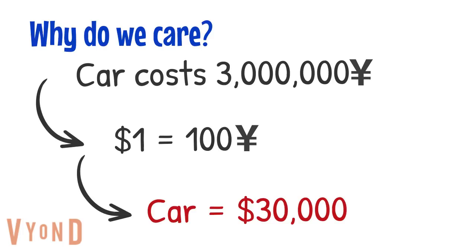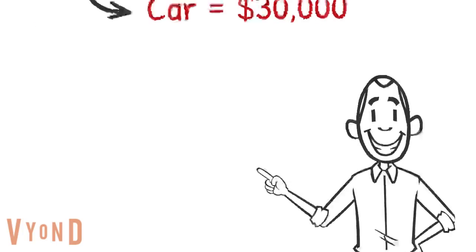So that 3 million yen car at $1 equals 100 yen is going to cost $30,000 in the United States. So the prices of goods, the prices of what we buy, are affected by exchange rates.